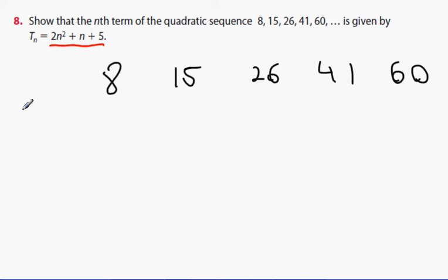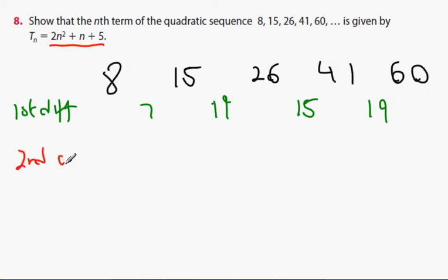What's the first difference? 7, 11, 15, and 19. And each one of these is the second difference then. What do we get? That's 4, 4, and 4.